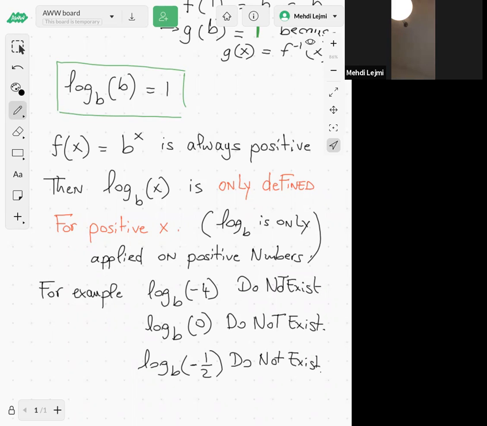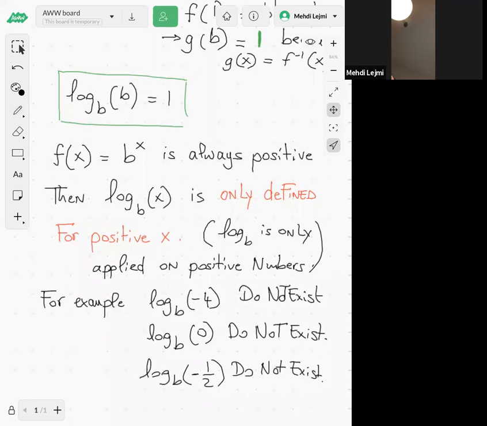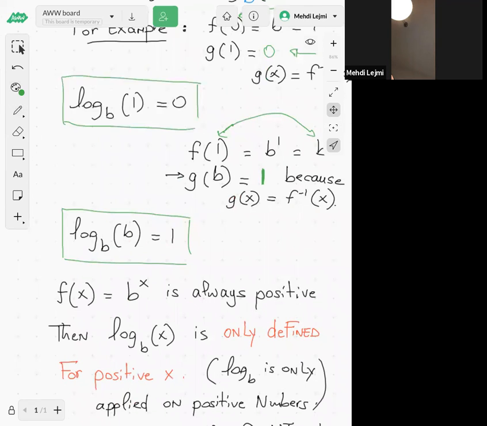What else? What you have to keep in mind are some properties we're going to use later. Log of 1 is always 0.